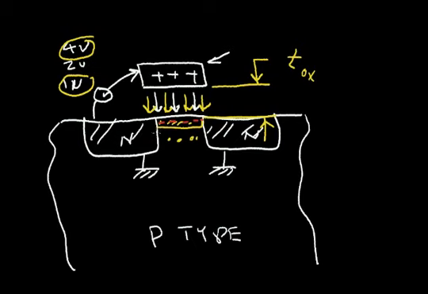We change the conduction of this region under the electrode, and that produces a transistor action from this N region to this other N region. And we'll discuss that further in our next video.